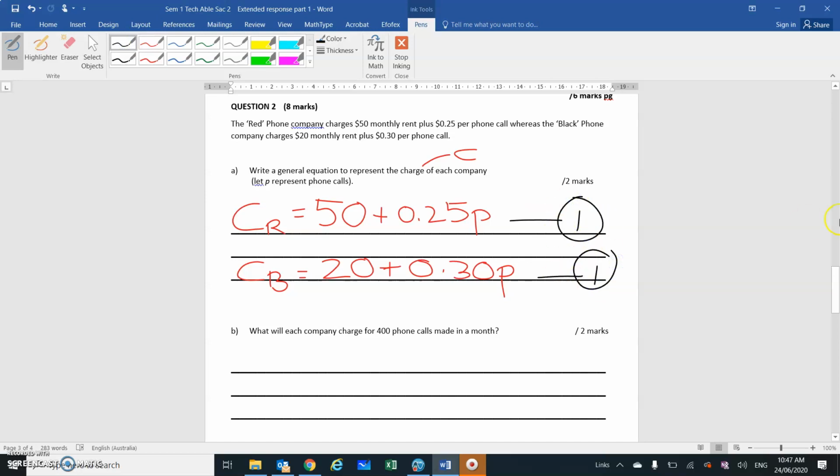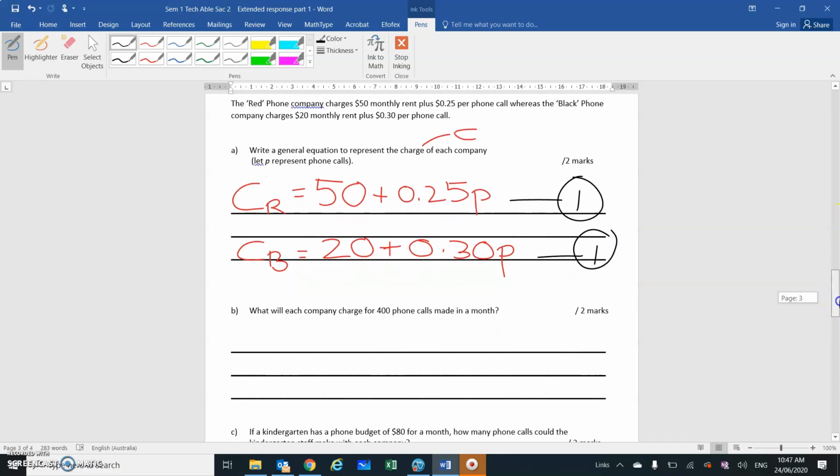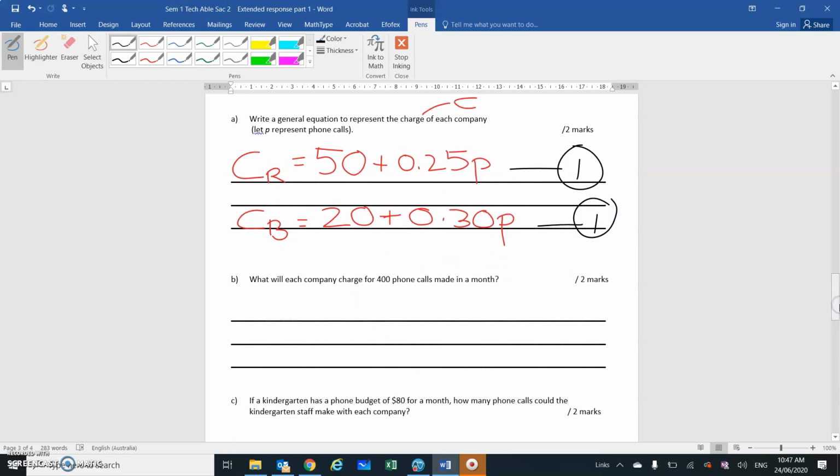So what will each company charge for 400 phone calls? Now we're just doing a substitution. What this is saying is that 400 is the number of phone calls. You need to find the cost.